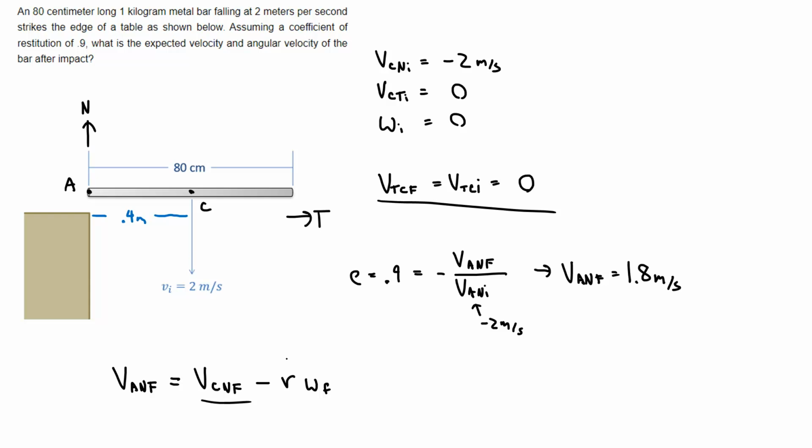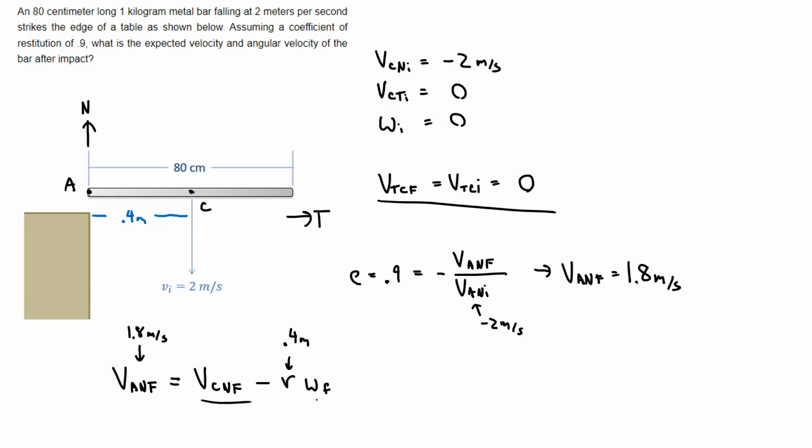R is my 0.4 meters. This is 1.8 meters per second. And this is all going to be in the y direction, so the velocity of point C minus R omega final is going to be equal to VANF.